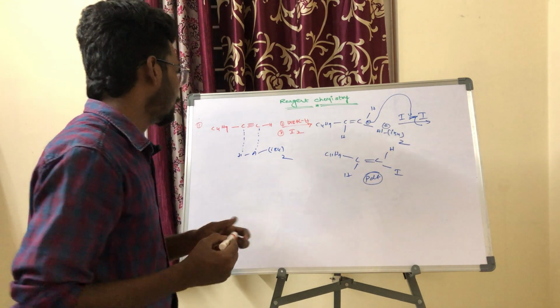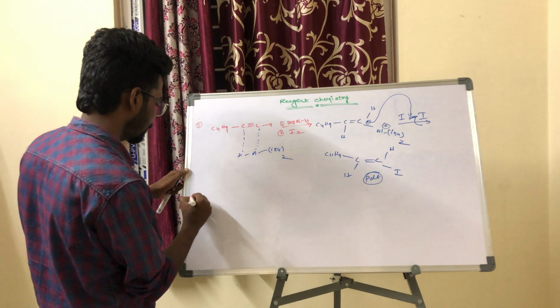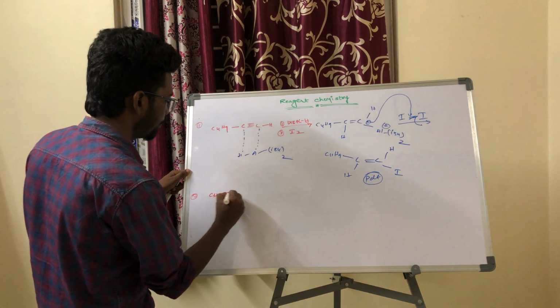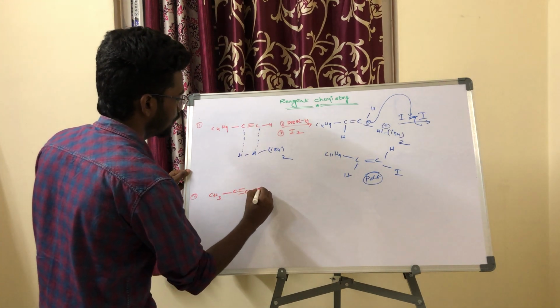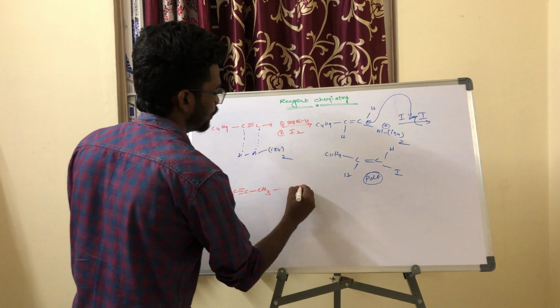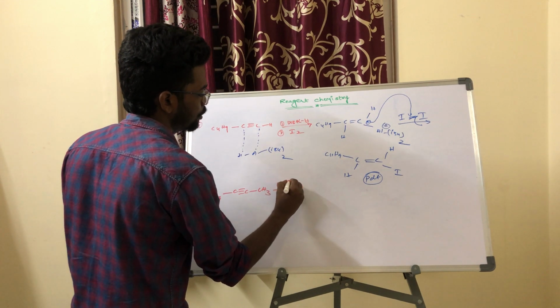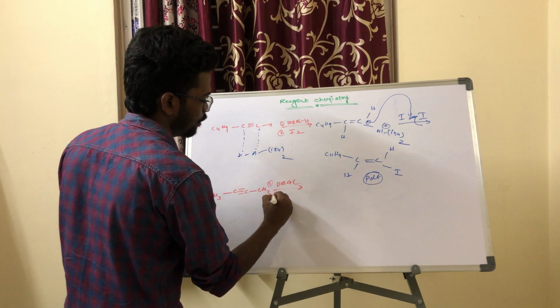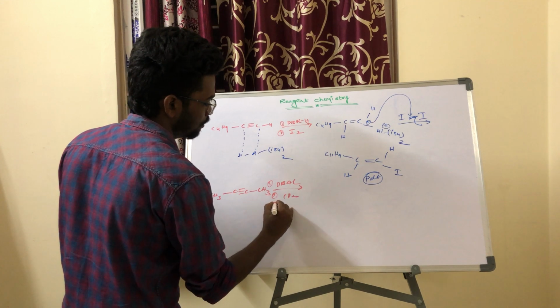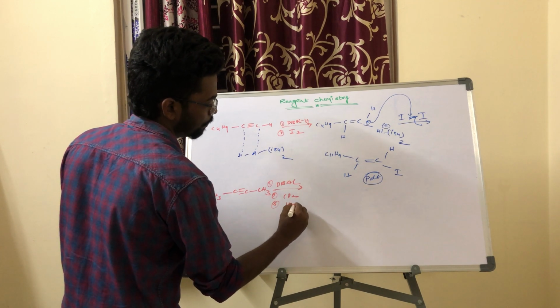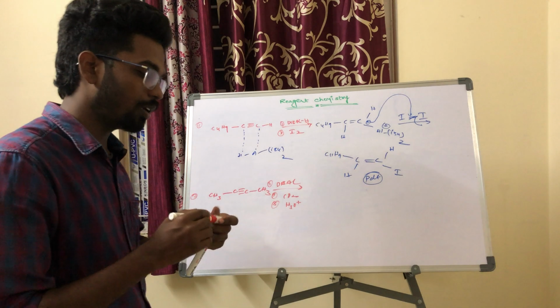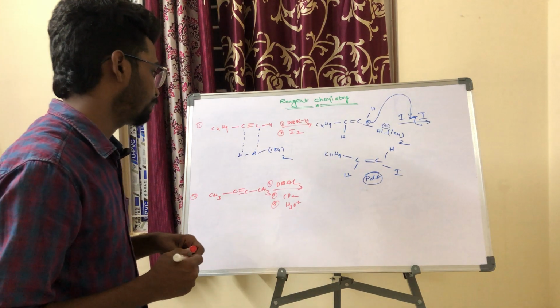Same kind of example, one more: CH3 C triple bond C CH3, first DIBAL-H, second carbon dioxide, third work-up, meaning water, where hydrogen will attack.